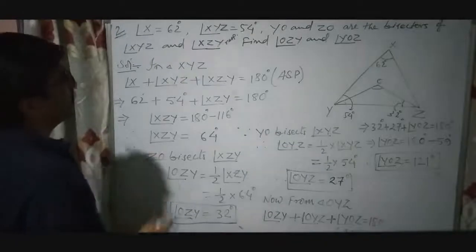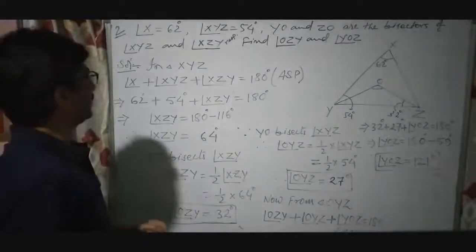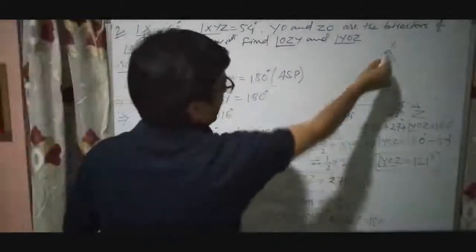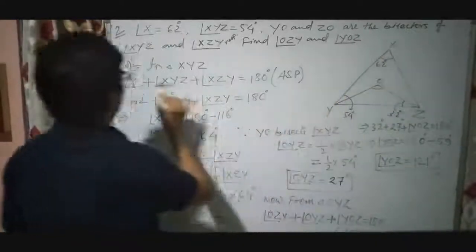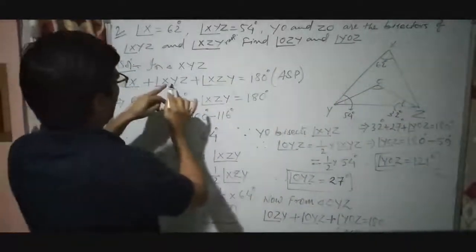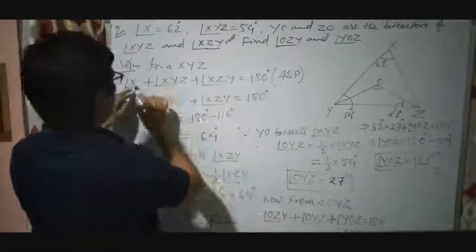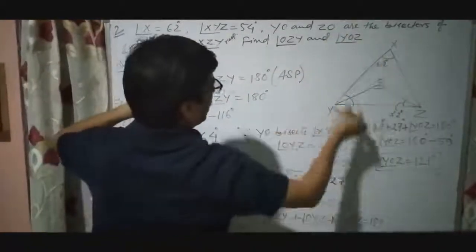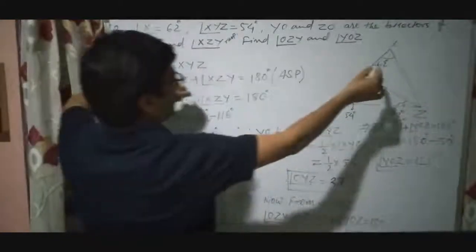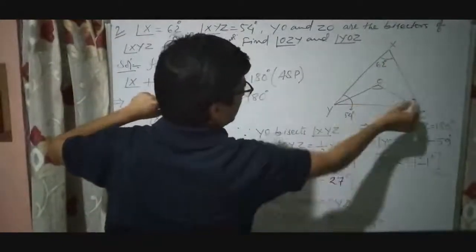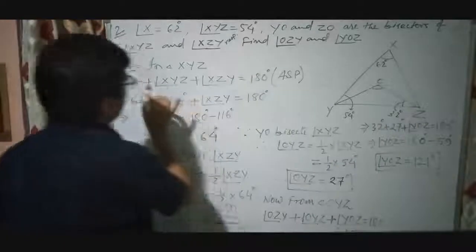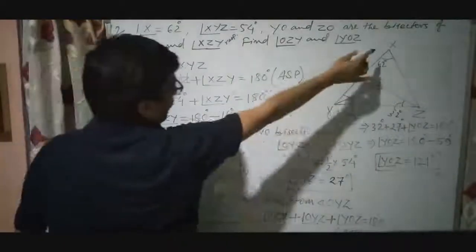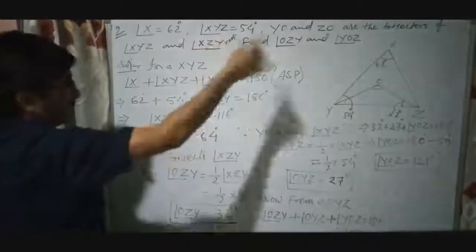So the solution of this question, the explanation is already done. Here in triangle XYZ, angle X, angle Y, that is XYZ, and XZY, that is the full angle Z. The angle sum property is 180 degrees for the whole triangle.